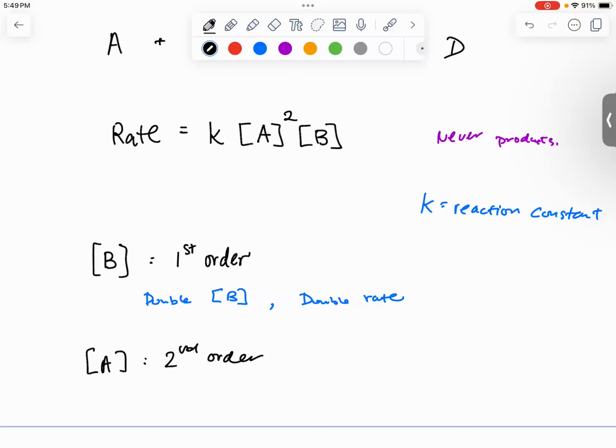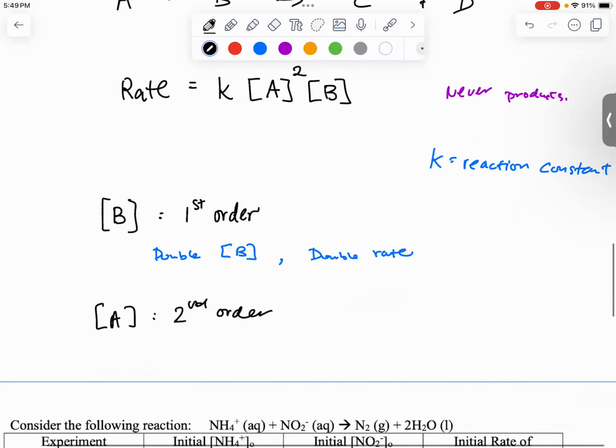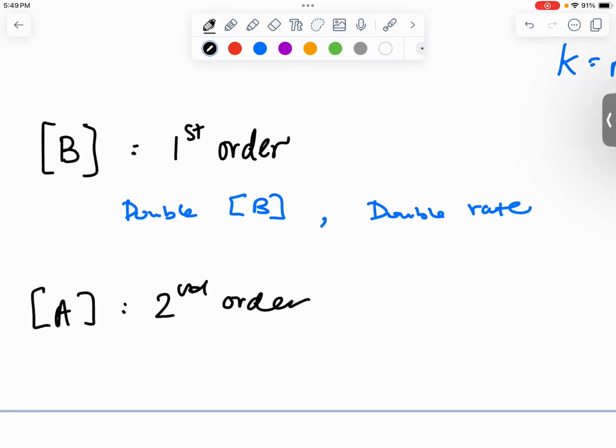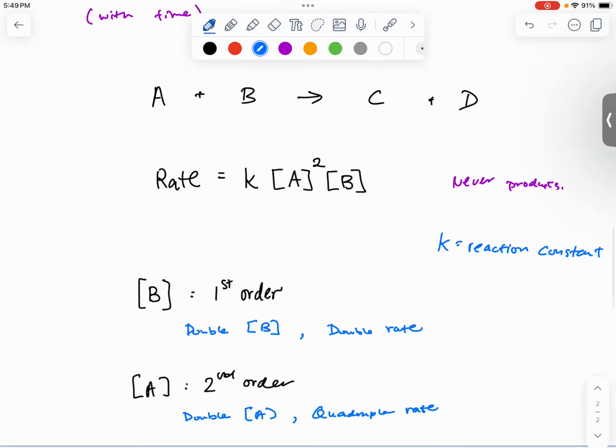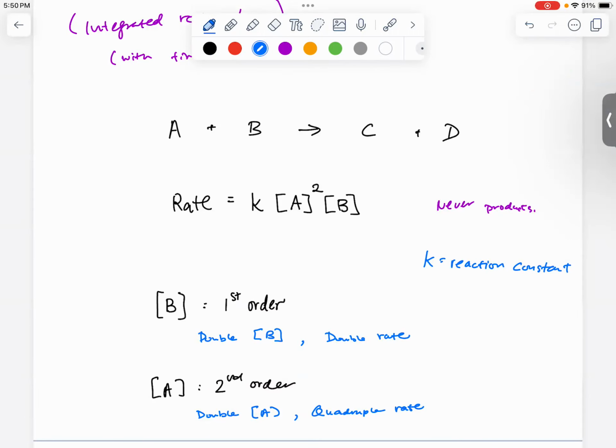So you can judge the order based on the exponent. Why do we call A a second order reaction? Because if you double the concentration, you will quadruple the rate, the square of the change. If you triple A, then 9 times. So that's the little lingo right here.